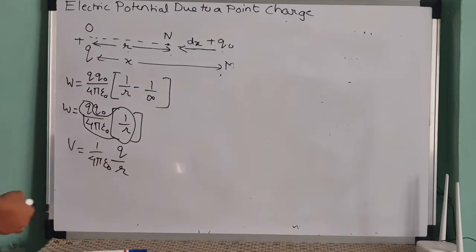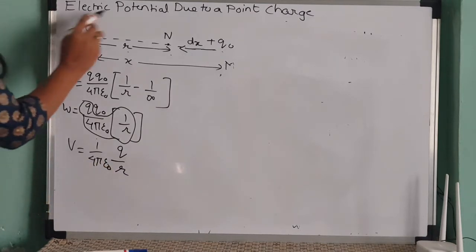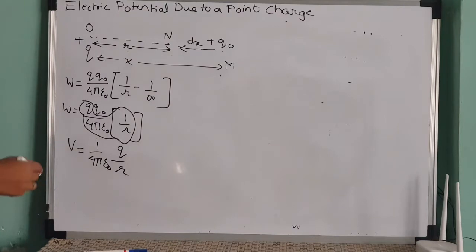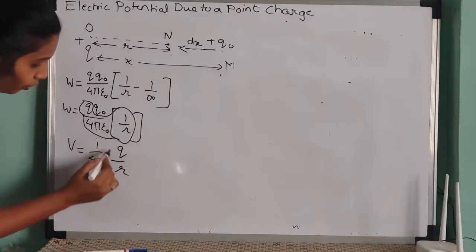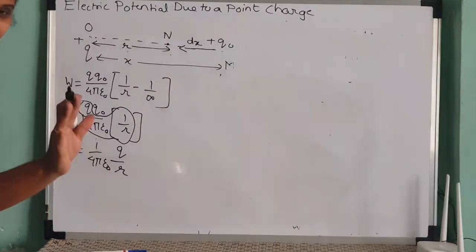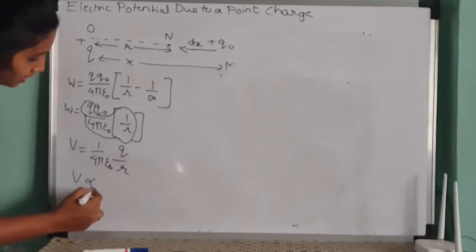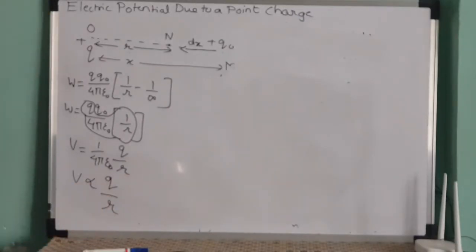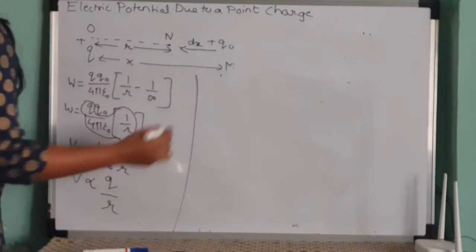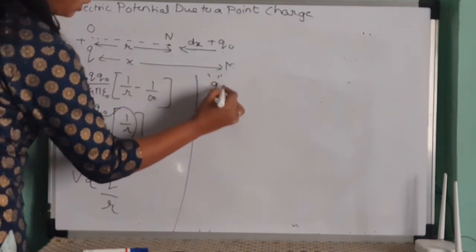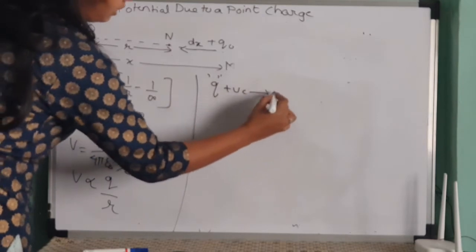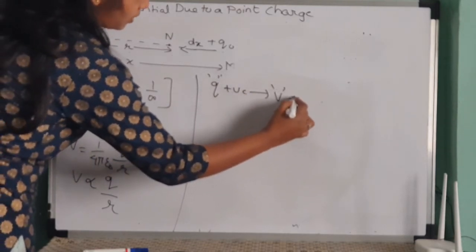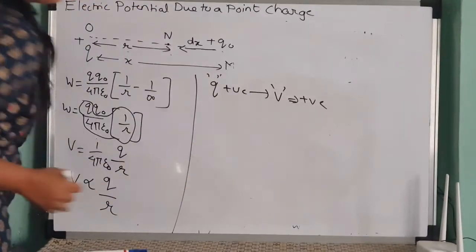Once I get the electric potential equation due to a point charge, I can say this 1 upon 4 pi epsilon naught is a constant thing. So V is directly proportional to Q and inversely proportional to R. It tells us that if your Q charge is positive, then your electric potential will be positive.